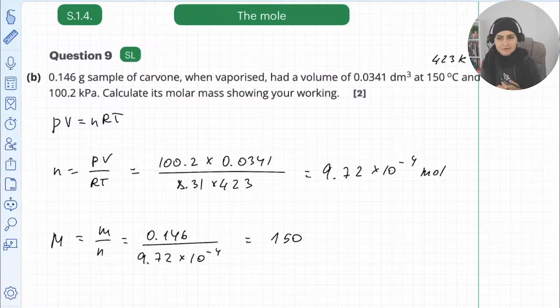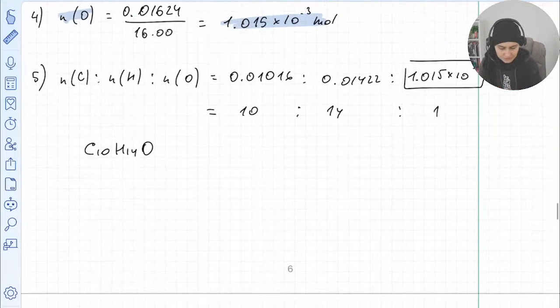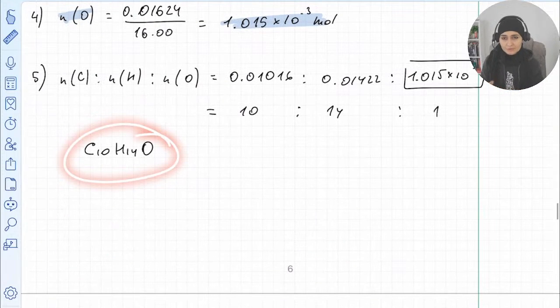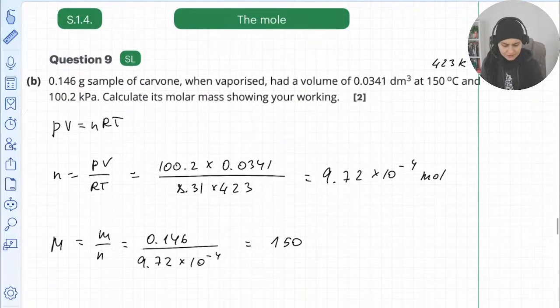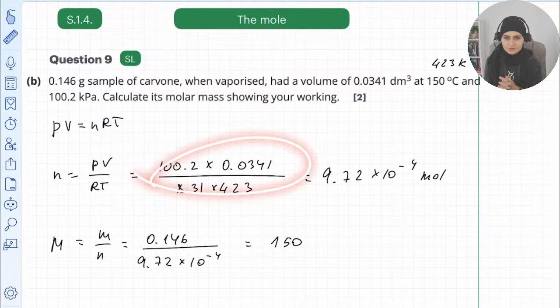If you get something like 0.1 or 10, that's too small for carbon, because we saw that its empirical formula already has 10 carbons. If you got something like 20,000, that's too high. If you get either a very large or very small number, it means you've messed up the unit somewhere, so go and double check your unit.